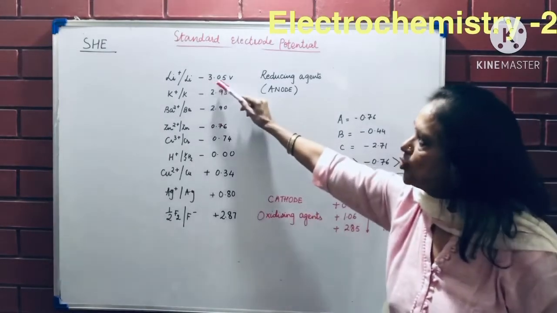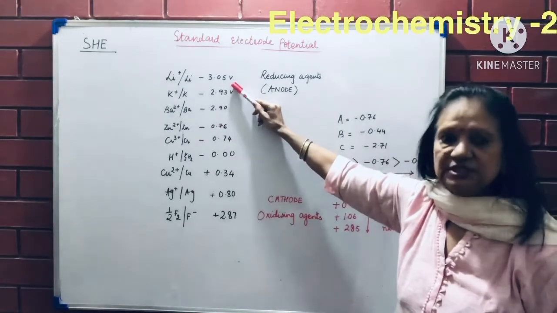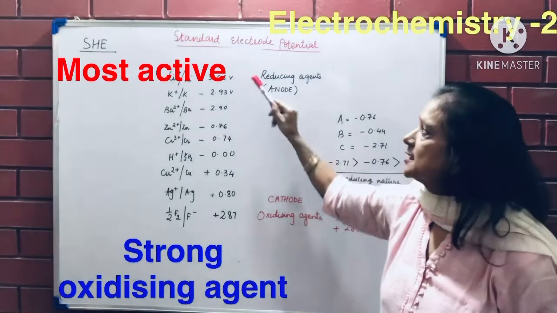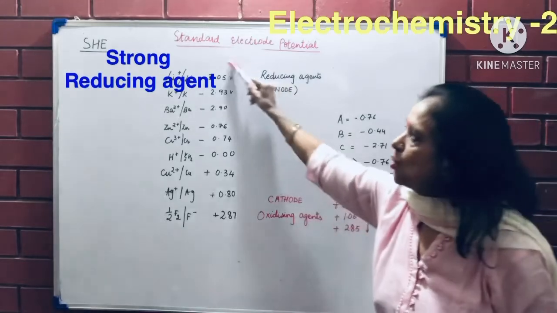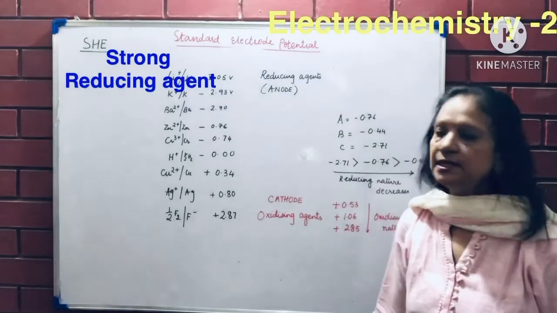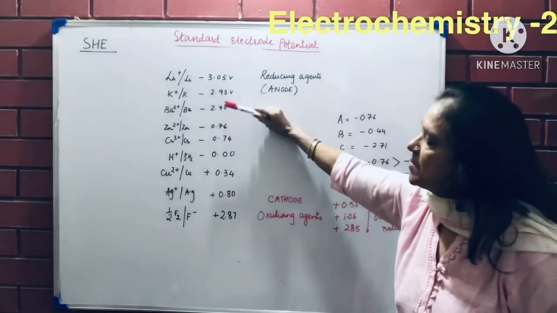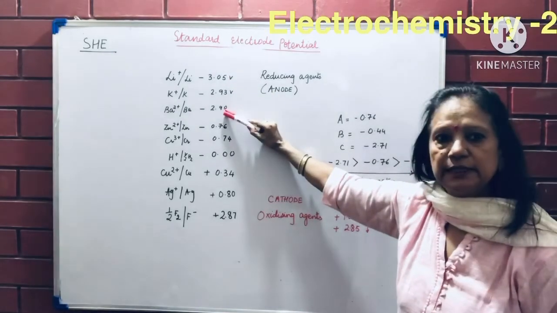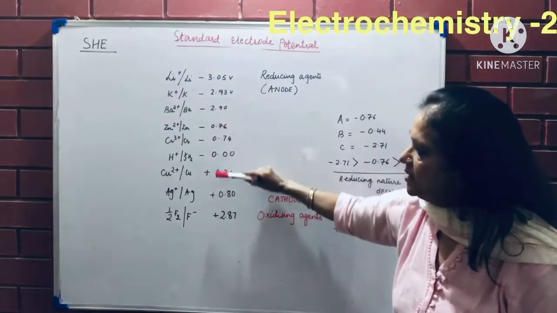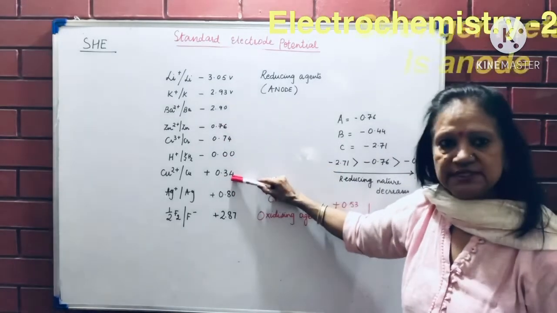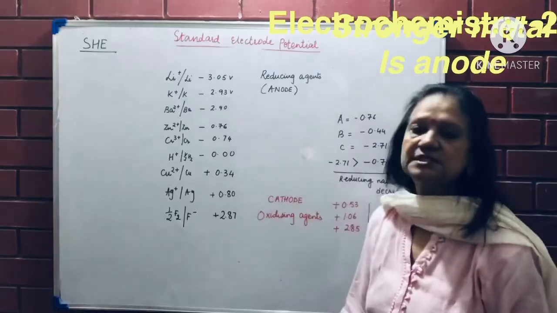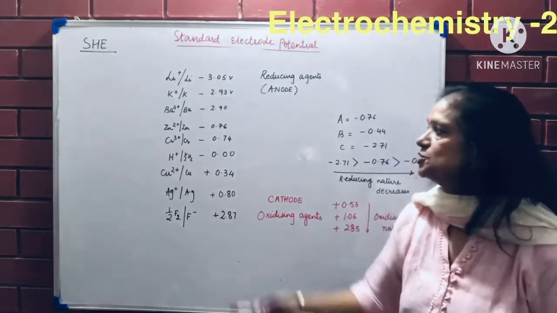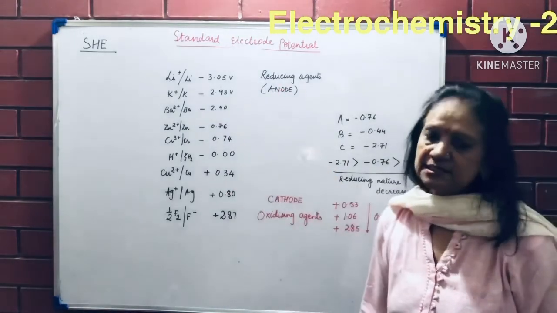So minus 3.05 is the most reactive metal and a powerful reducing agent, and can act as an anode. So the metals on the top act as an anode. If I am comparing lithium and barium, lithium will be the anode, barium will be the cathode. If I am comparing zinc and copper, zinc is the anode, copper is the cathode. So the metal which is above is the more powerful reducing agent, more active, and acts as an anode.